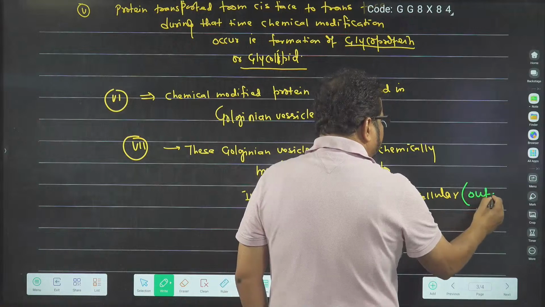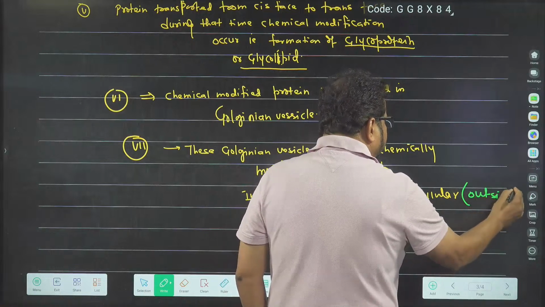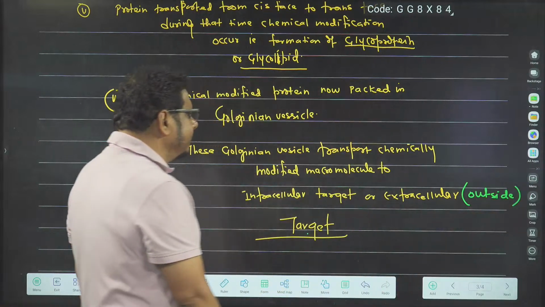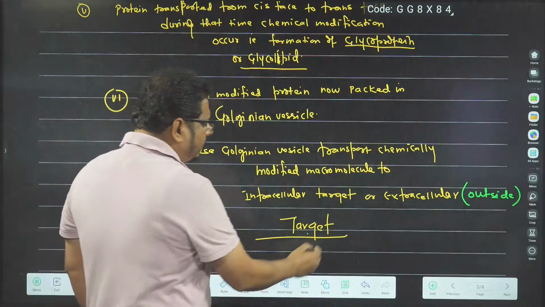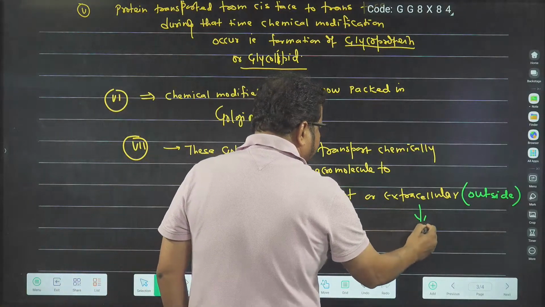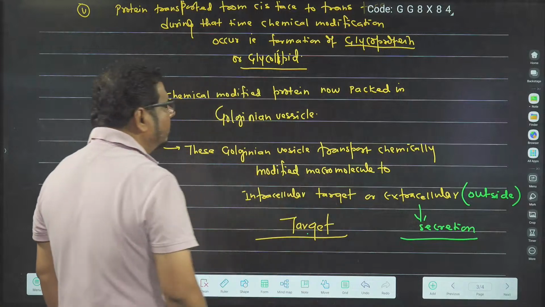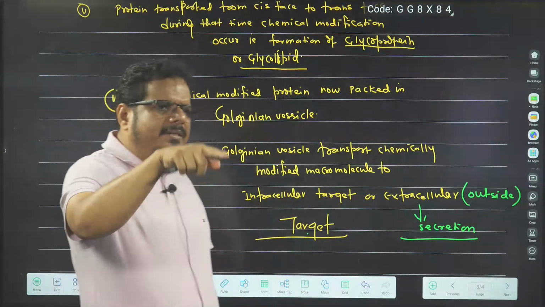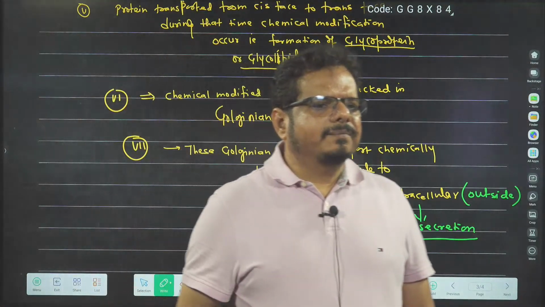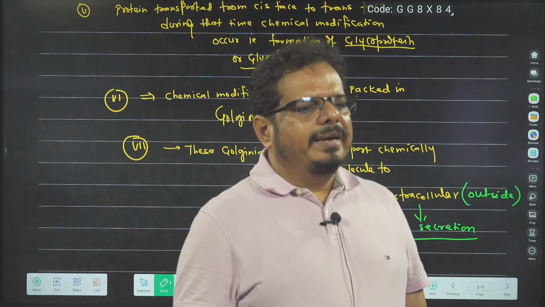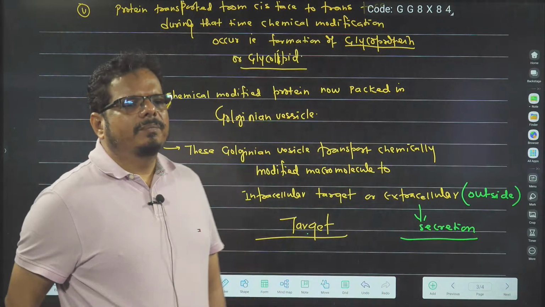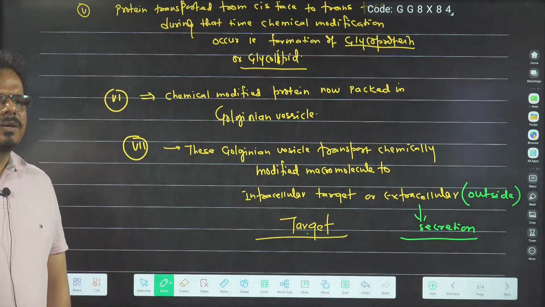And when it is transporting things outside of the cell, it is called secretion. Got the idea? Extracellular target by which process? Secretion process. So I hope you understand this coordinated function of the ER and Golgi complex. Is it clear? Understood?